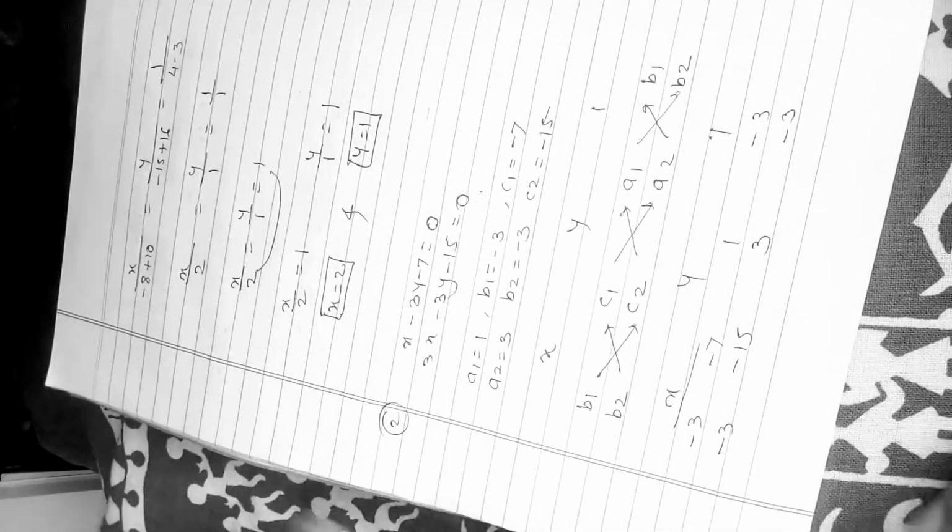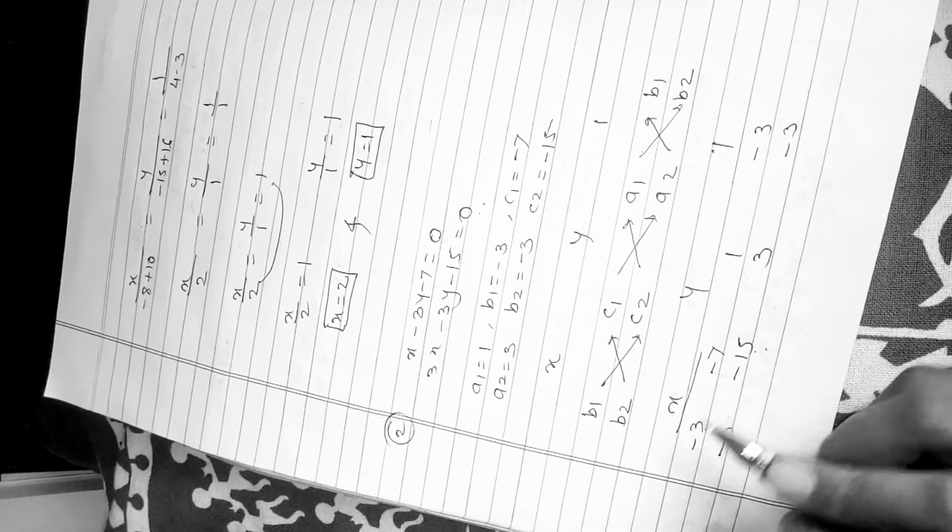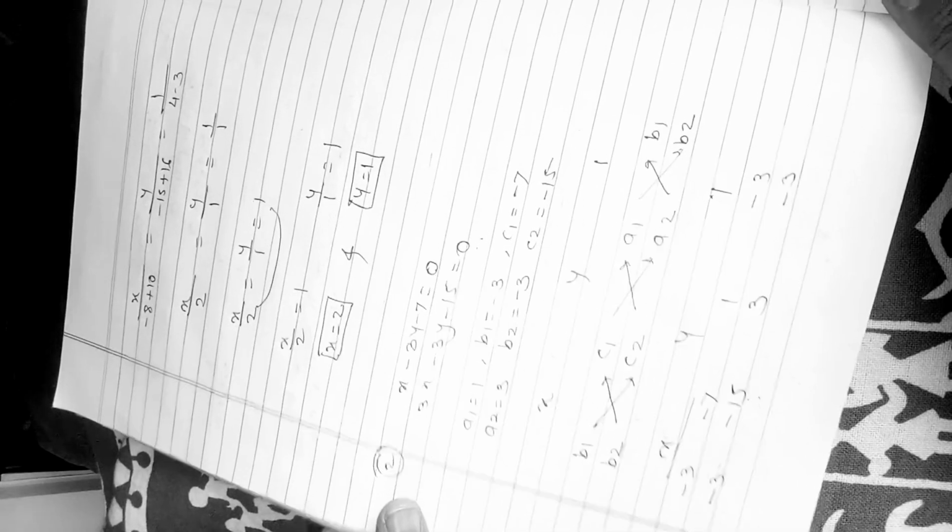Then x over, we find the value of x, 15 into minus 3, minus plus.